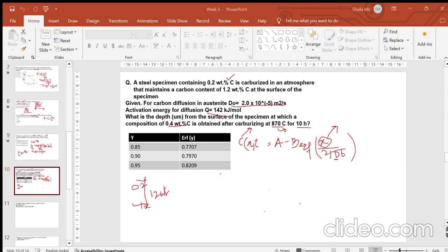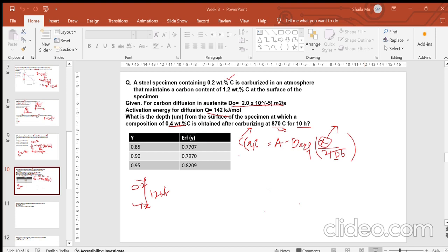It is something like 1.2 minus 0.4 is 0.8, over 1.2 minus 0.2, that is 1, so 0.8.